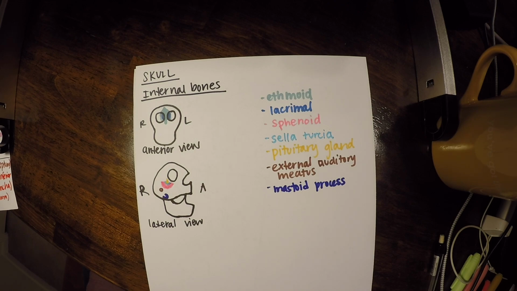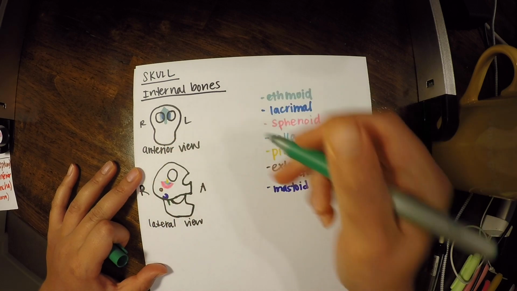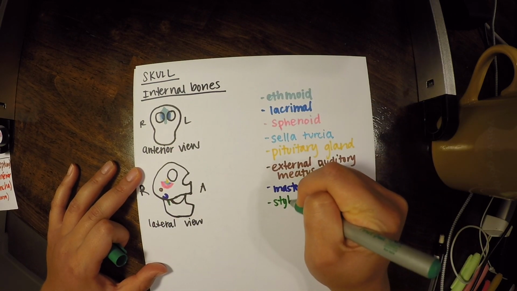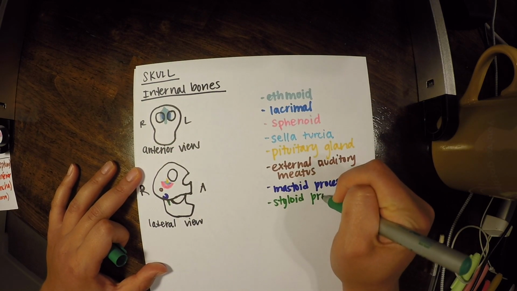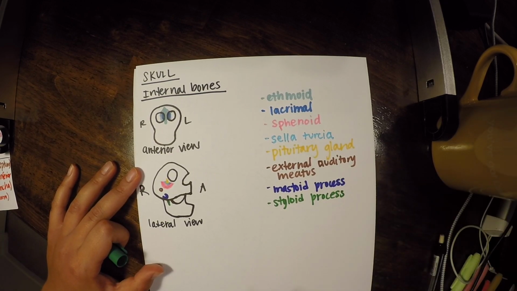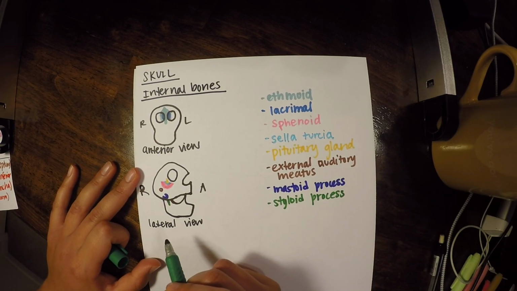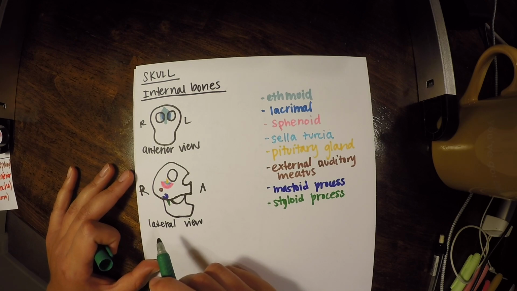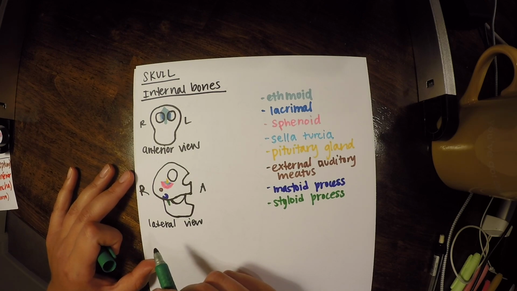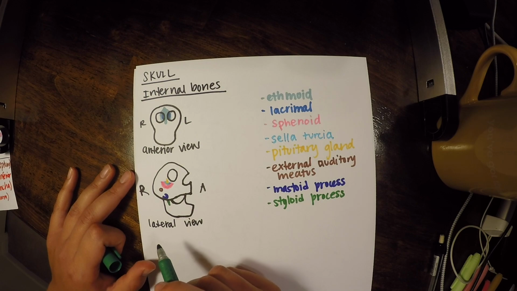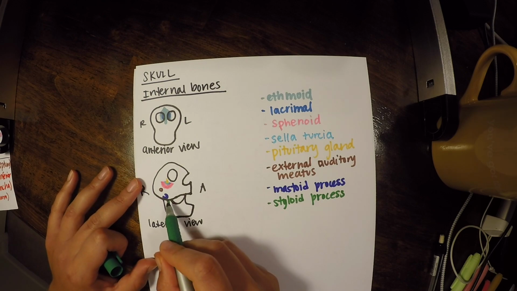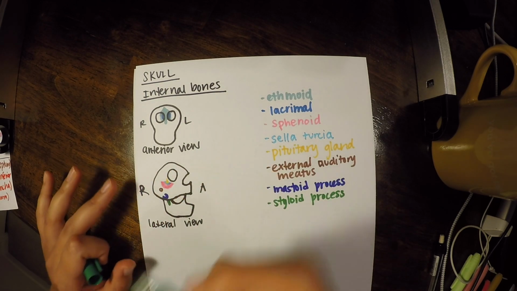You're also going to have a styloid process, which is going to come down right about here. And I remember that because styloid process kind of reminds me of stiletto. And that kind of looks like the heel of a stiletto shoe.